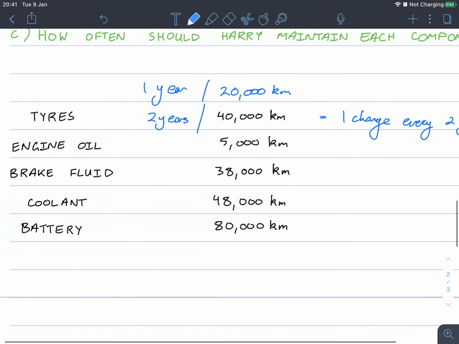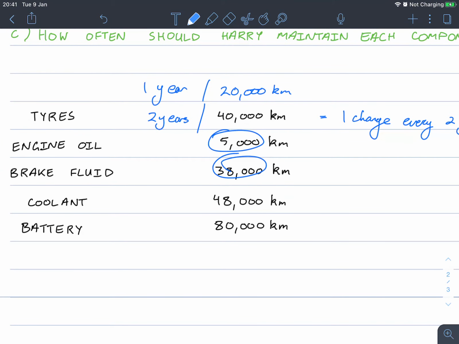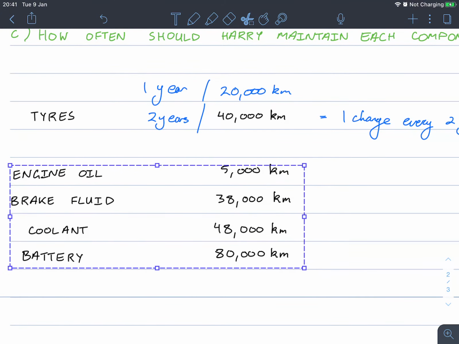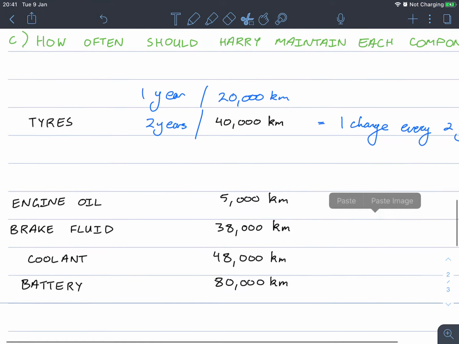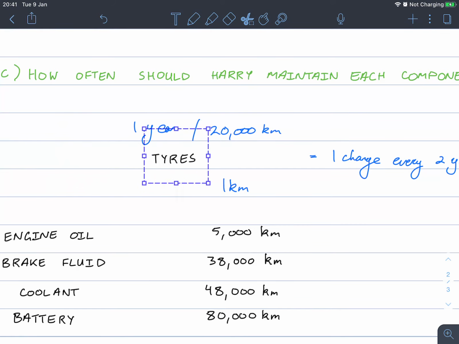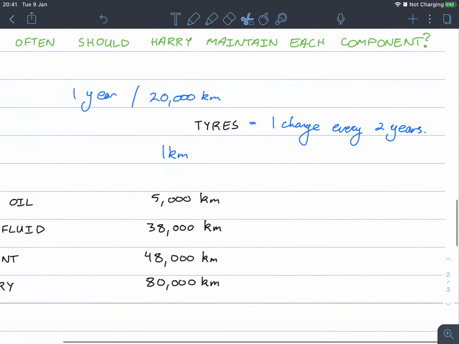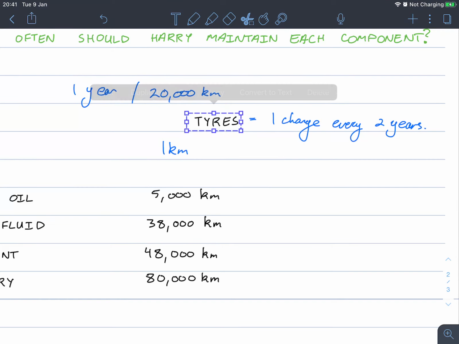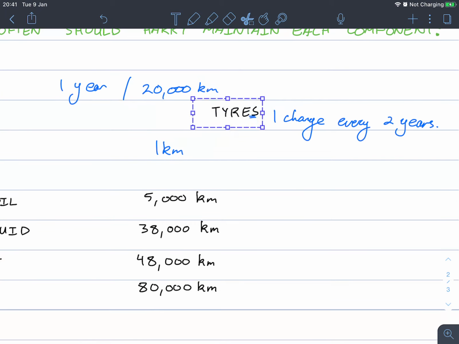However, it's not as simple for the other components. For this, we're going to use the same idea as the unitary rate. Okay, so in this case, I'm going to find per 1 kilometer first. I'm going to remove this because we've already answered the tires. Tires is 1 change every 2 years.